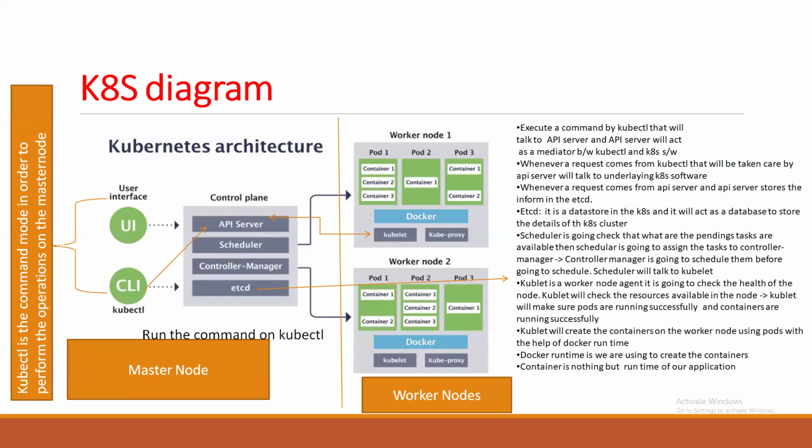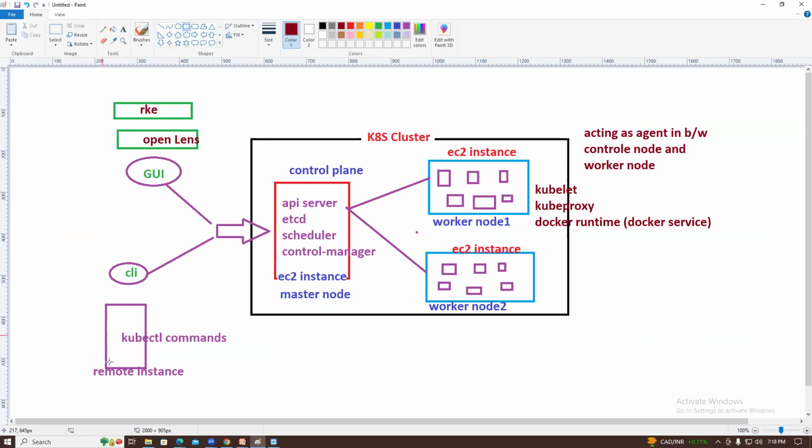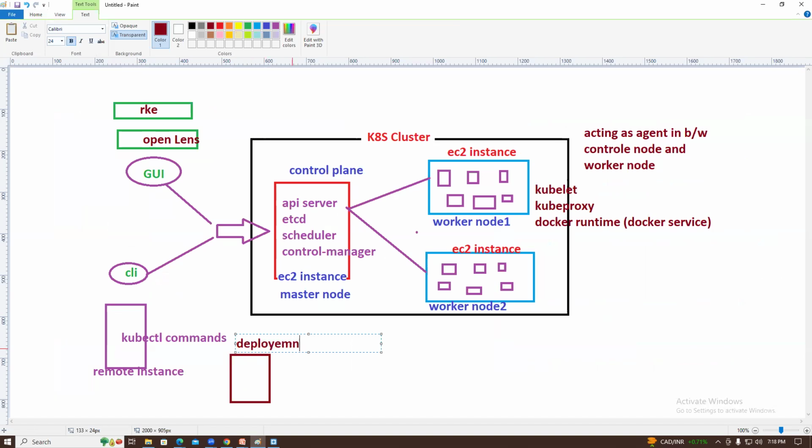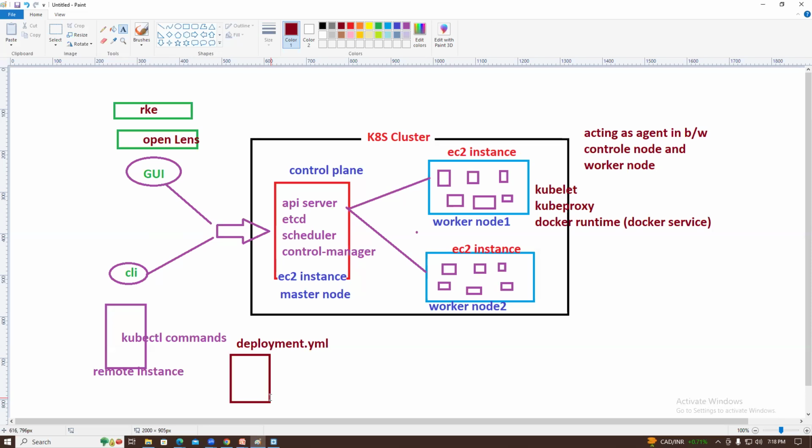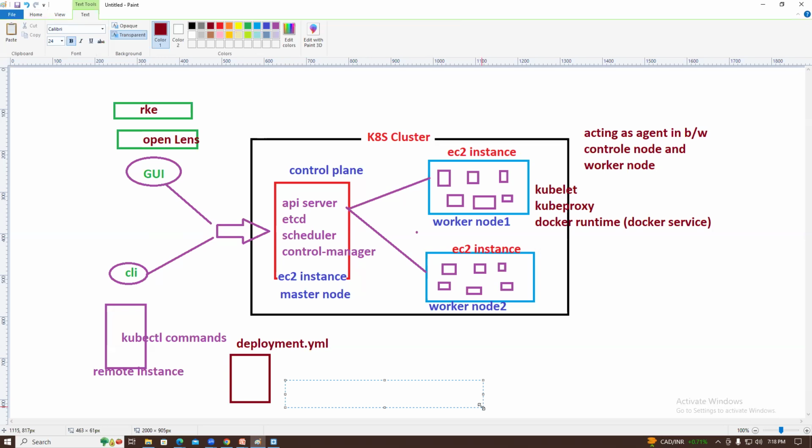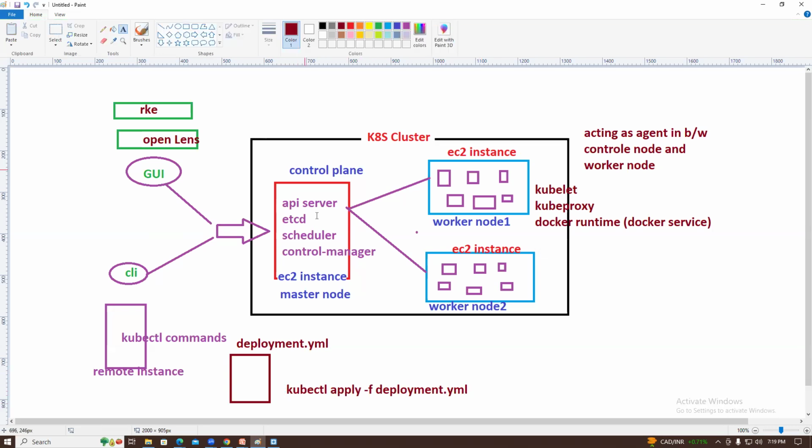So you run commands with kubectl. For example, if you run kubectl apply -f deployment.yaml, where deployment.yaml is a file you created, once you run this, the API server will talk.